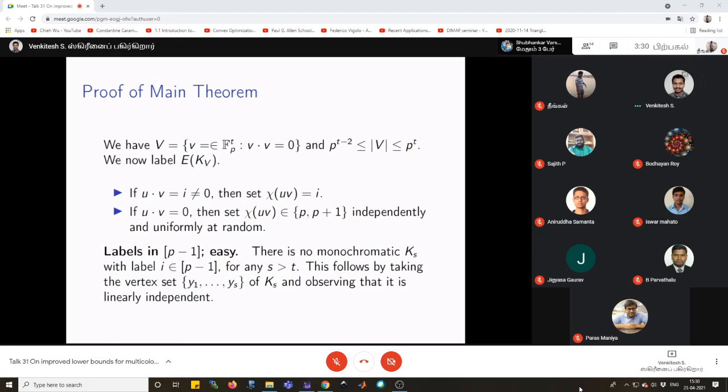Then there is a chance that even after restricting to a small subset, this very large monochromatic complete graph gets restricted to a complete graph which is monochromatic of size t, which is what we would like to avoid, right? So if there are very large monochromatic graphs, then upon restriction they could actually go down to a monochromatic graph of size t.